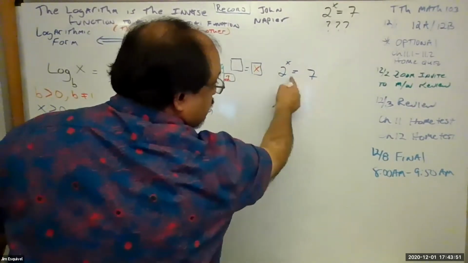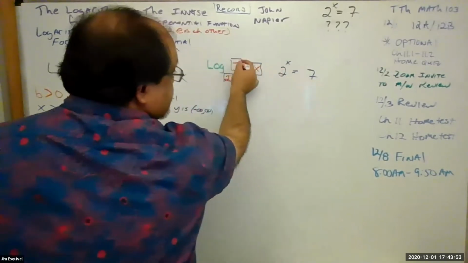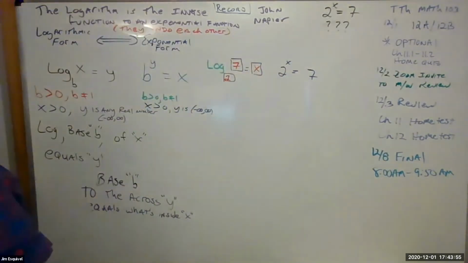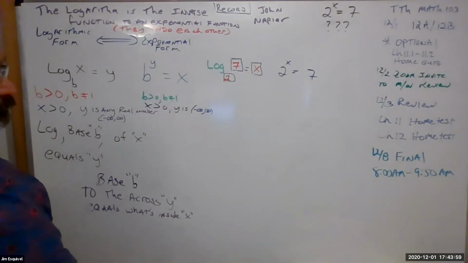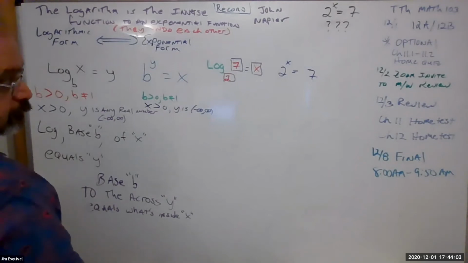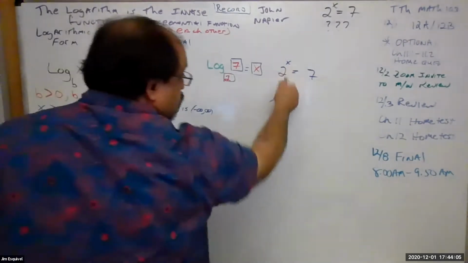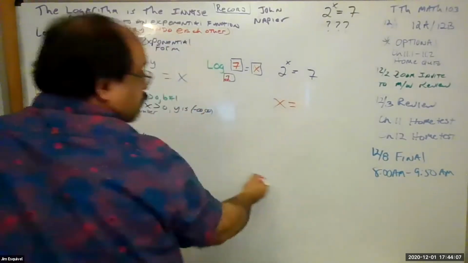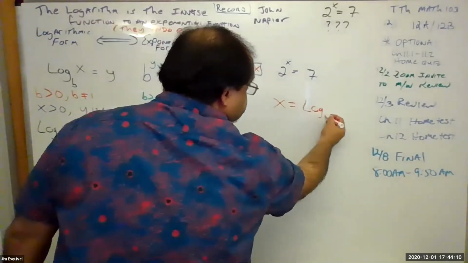What's inside is my other side, so 7 is over here. So what is this x equal? This x is equal to log base 2 of 7.